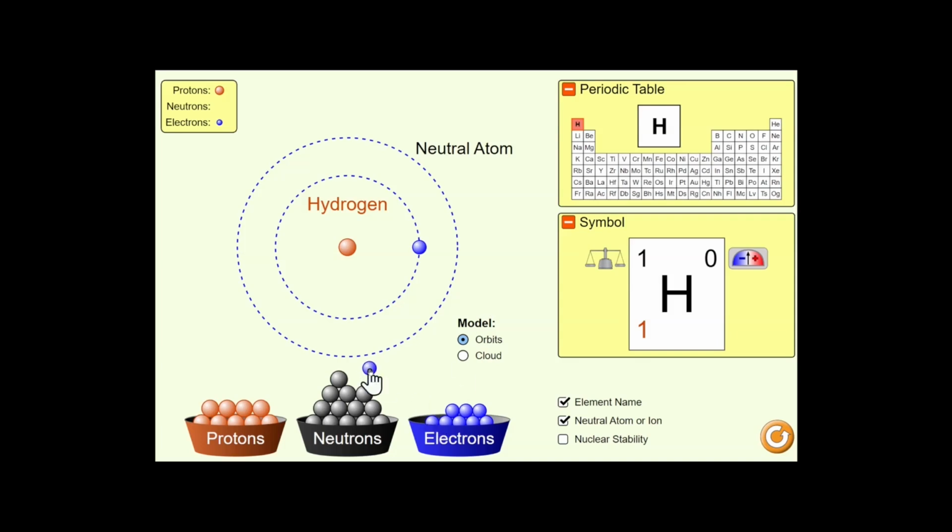If I put in another electron, now there are more electrons than there are hydrogen protons. It's now negatively charged. 1 minus 2 is negative 1. It would probably be fairly easy to ionize, I imagine.